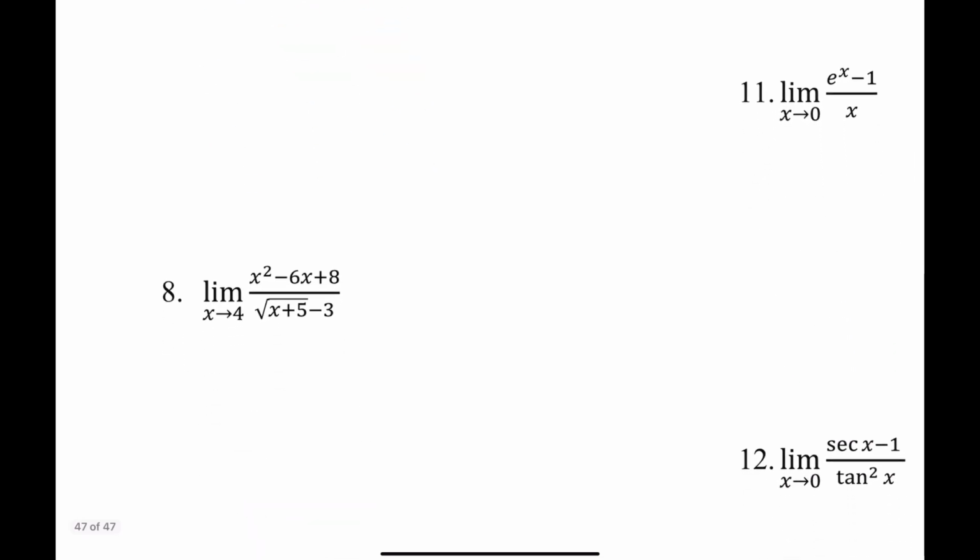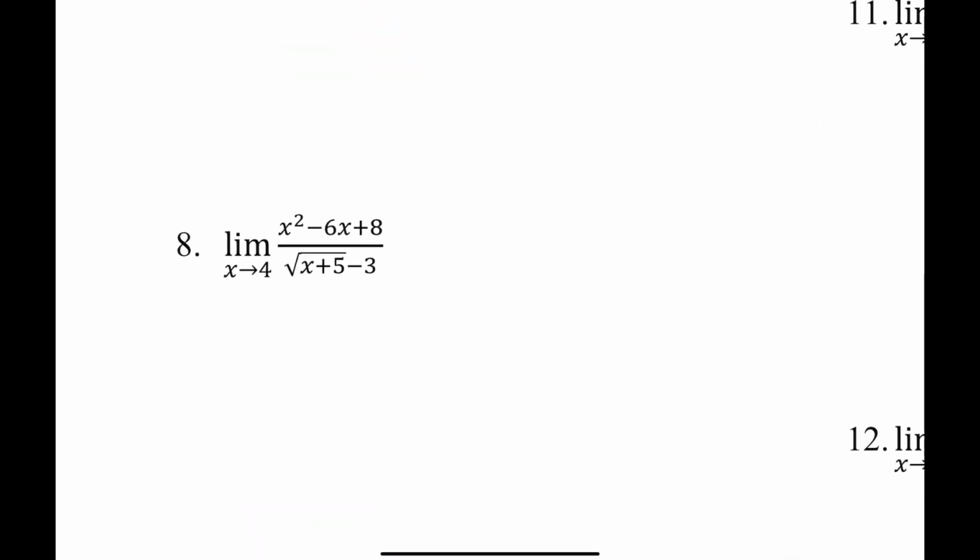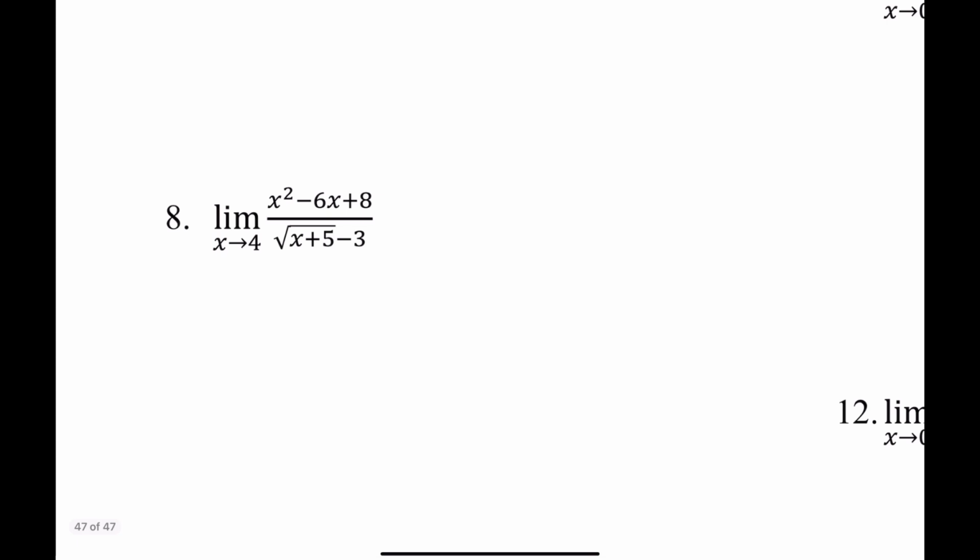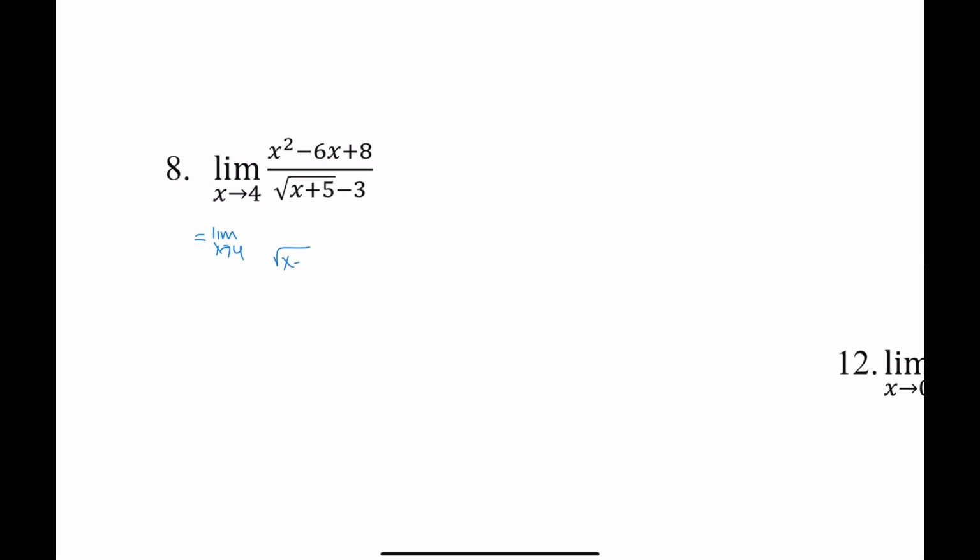Okay, and then we have a conjugate pair one more time. So let's see, limit as x approaches 4, we're going to multiply by the conjugate, square root of x plus 5 plus 3, over the same.